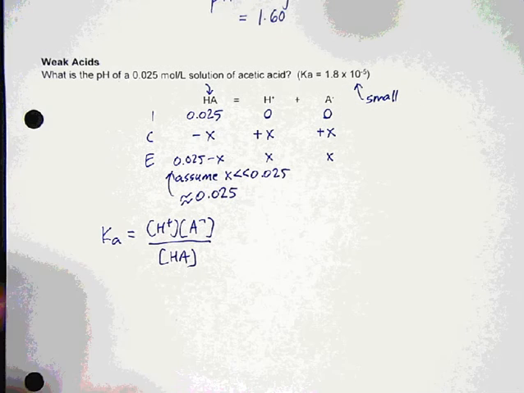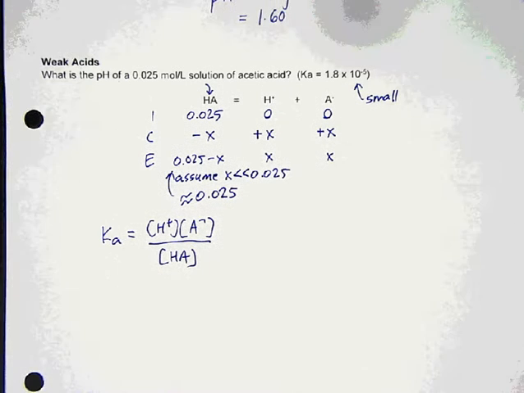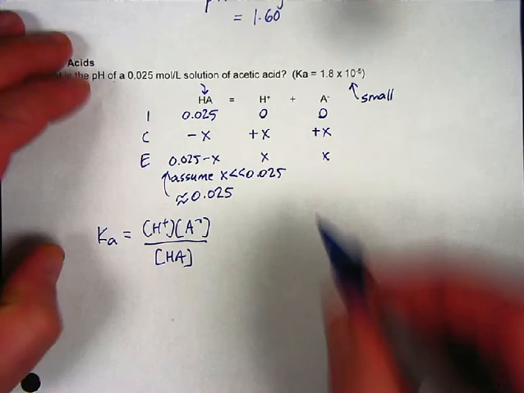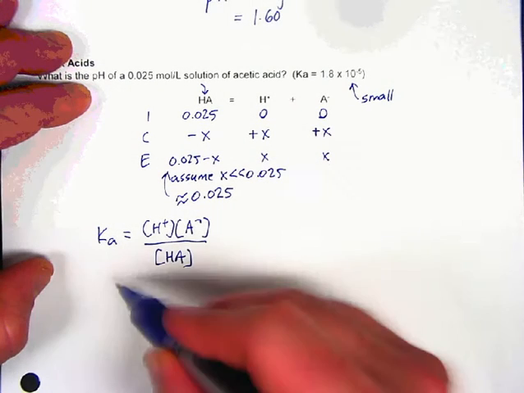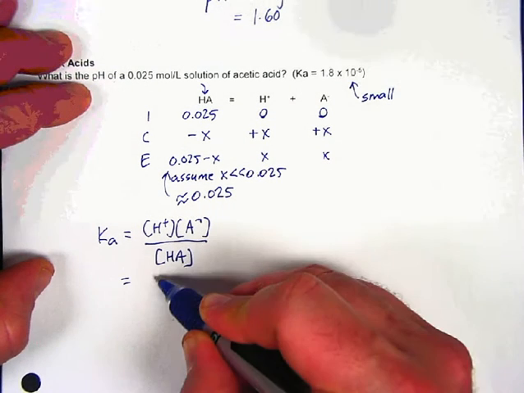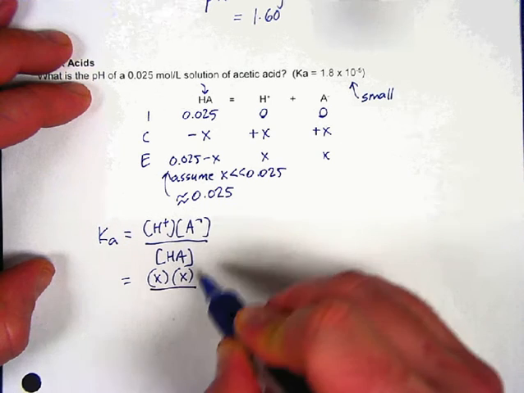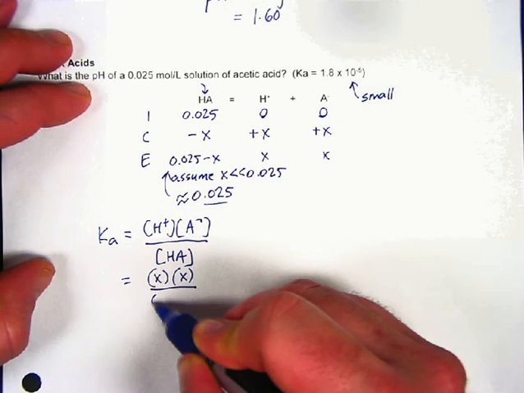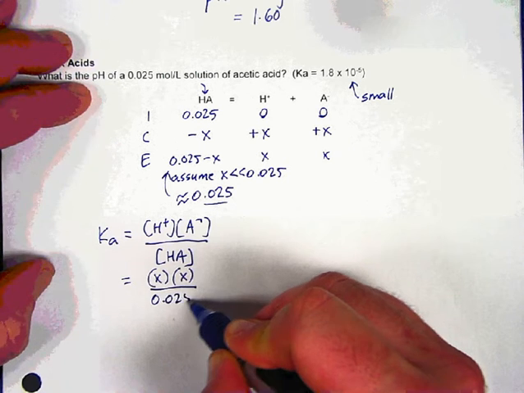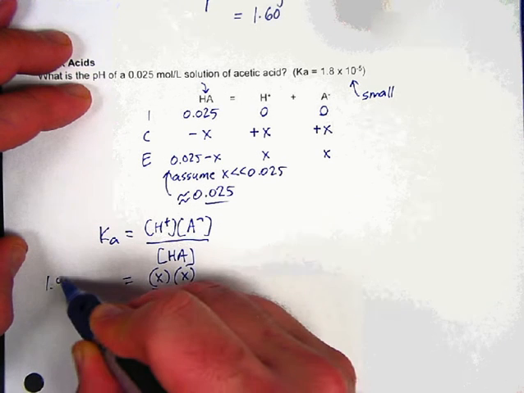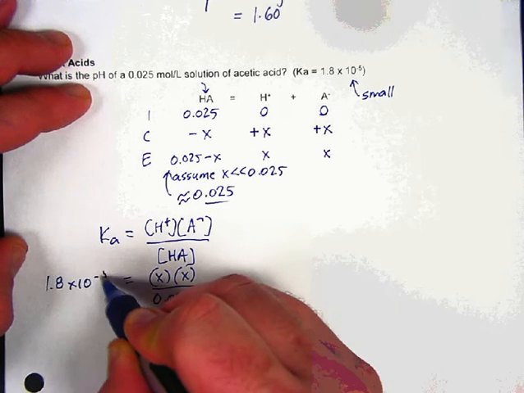And that's the same for every weak acid that we'll use. We're just going to substitute these values in. H plus is now x, so is A minus, and for HA we're just going to use the assumed value of 0.025 moles per liter. And 1.8 times 10 to the minus 5 is our equilibrium value.